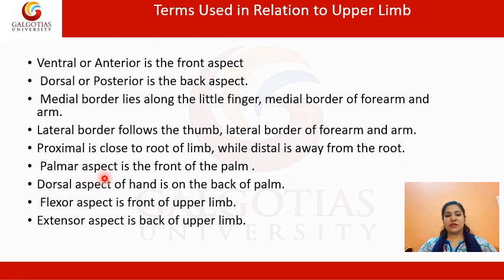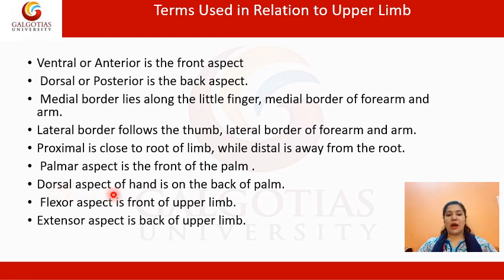If we say proximal, proximal means close to the root of the limb, that means the axial skeleton, while distal is away from the root, that means away from the axial skeleton. So in this term, the elbow is proximal to the wrist joint, or we can say the wrist joint is distal to the elbow joint.